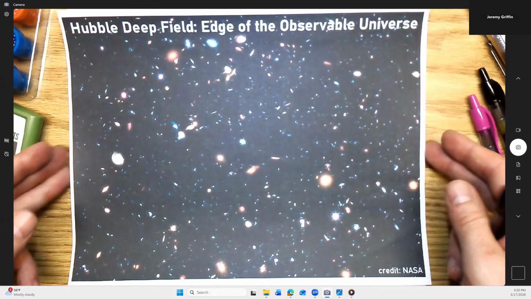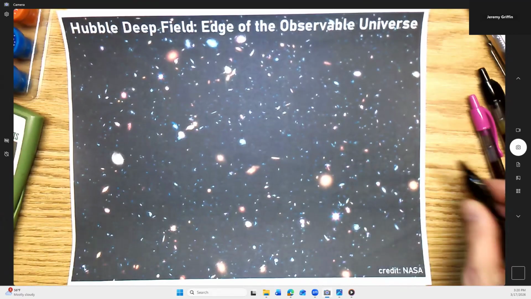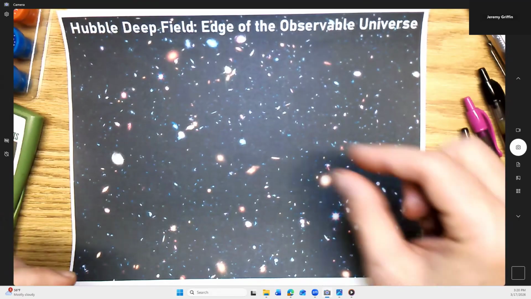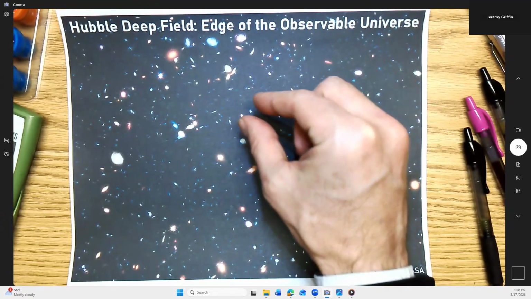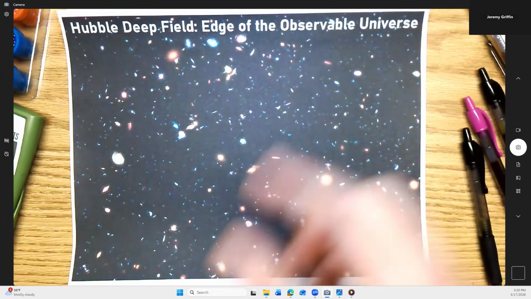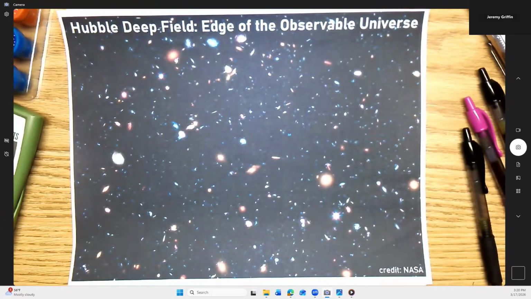And one team had this idea: let's pick a random blank part of the night sky. The size we're talking about is like if you took a grain of sand and held it up at arm's length next to the night sky, how much sky would that cover? Like an angular size? It'd be tiny, tiny, tiny. So they said, let's aim at that.